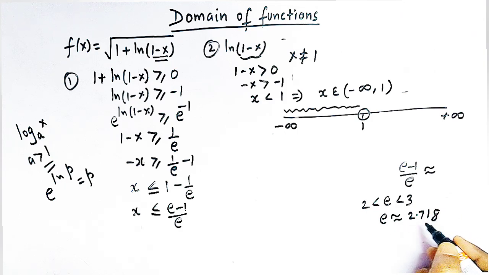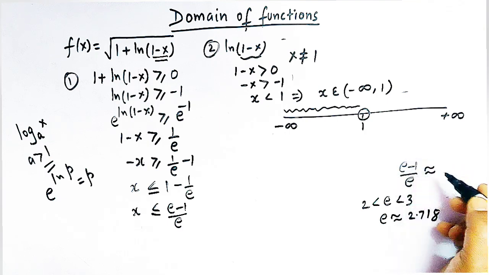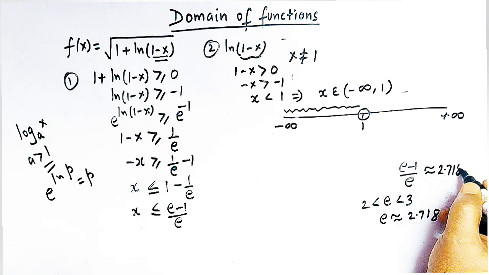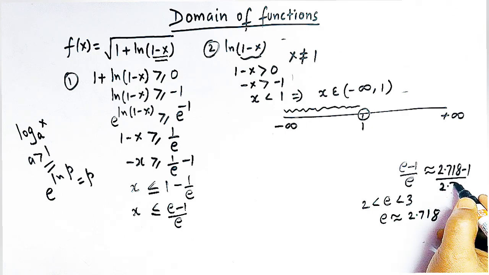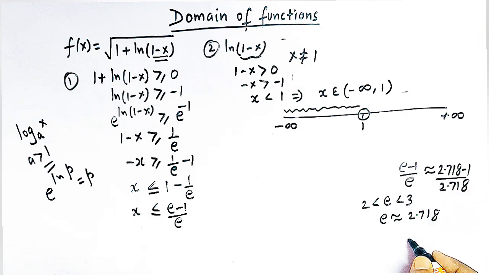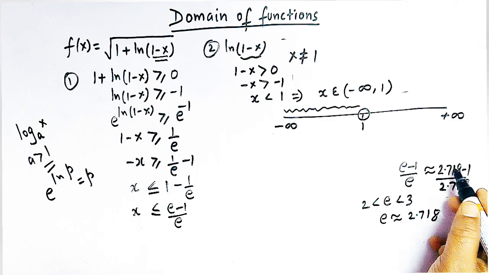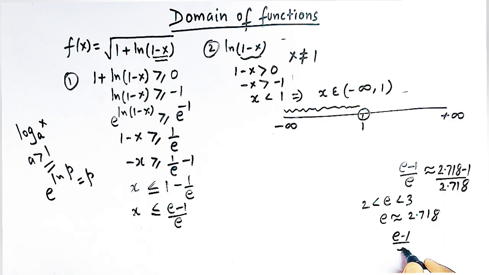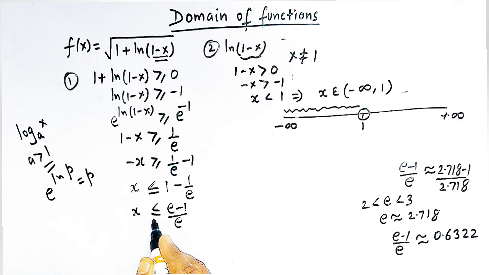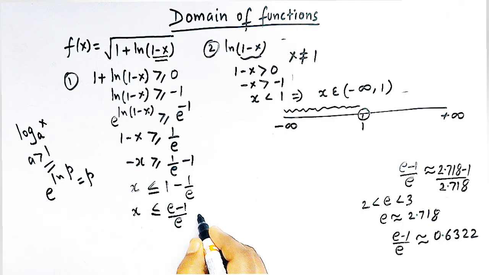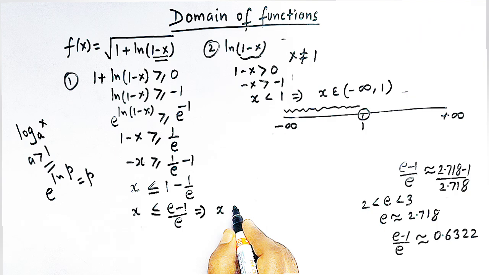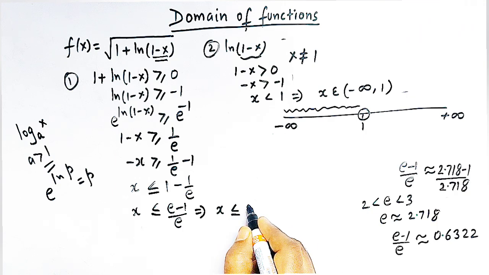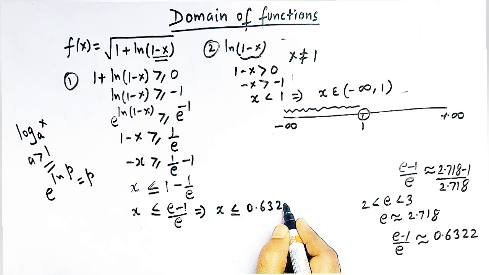Substituting this value, we have 1 minus 1 over 2.718, which is approximately equal to 0.6322. So x less than or equal to 1 minus 1 over e may be written as x less than or equal to 0.6322.